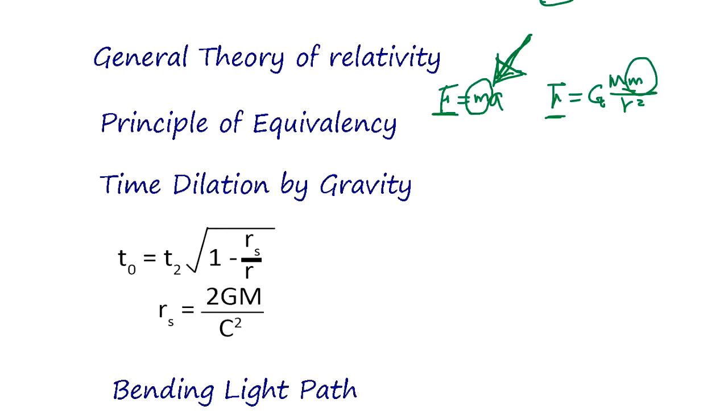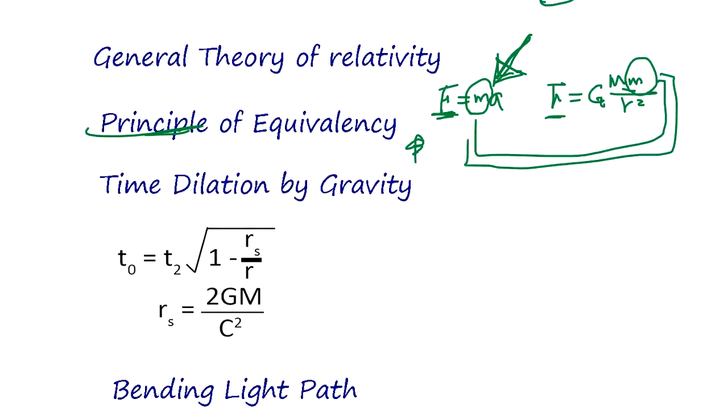And Einstein said this is a principle, that this mass is the same as this mass. Okay, why he needed that, I will tell you later. Okay, once he assumed this, then let's talk about it now.